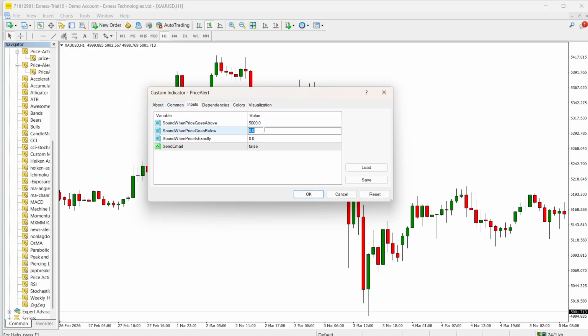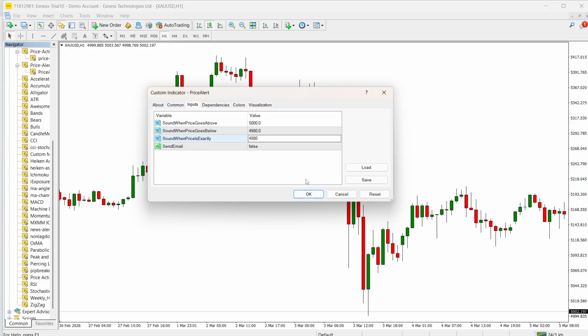And I can also set another alert here. Let's say when price goes below 4,980. All right. And then I can set a third alert when price is exactly at, let's say, 4,880.